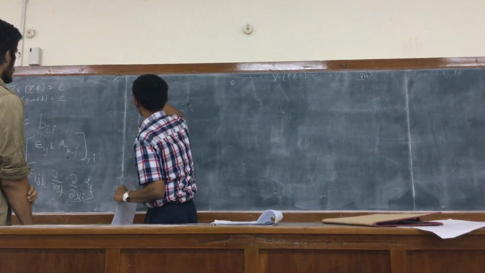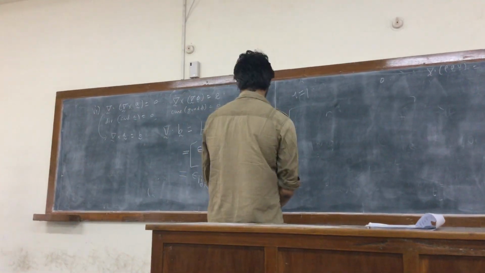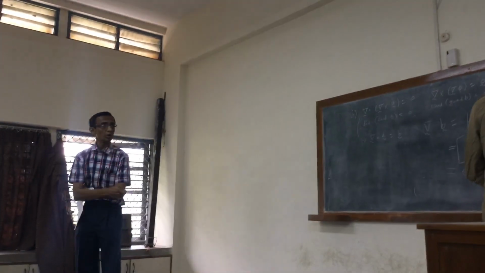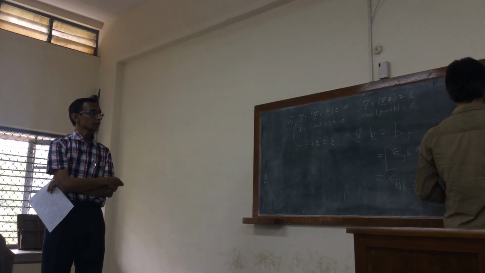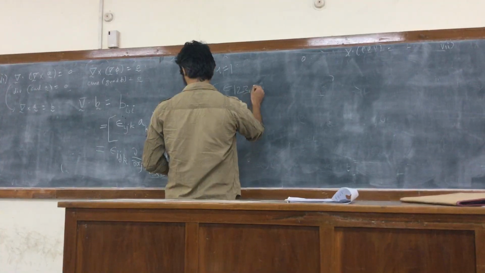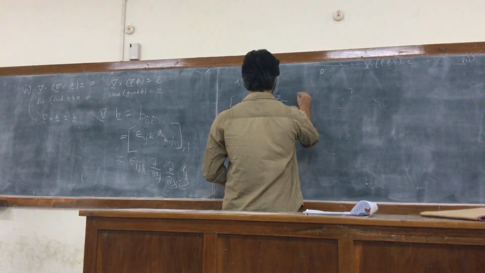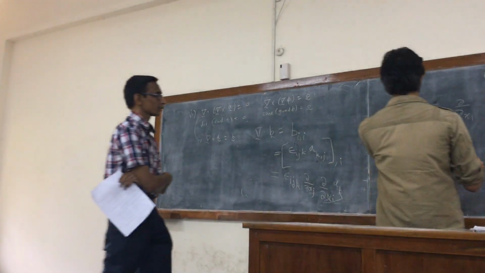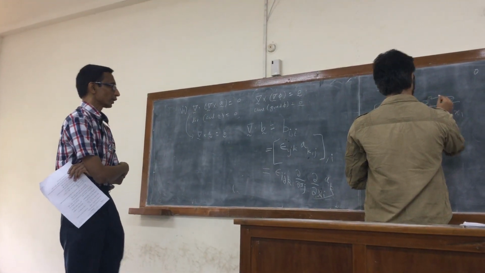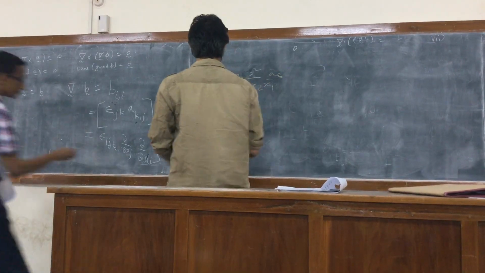I want you to write first for i equal to 1. How many terms will come for i equal to 1? Two terms. Write those two terms. No, write it as a second-order partial derivative, d square.